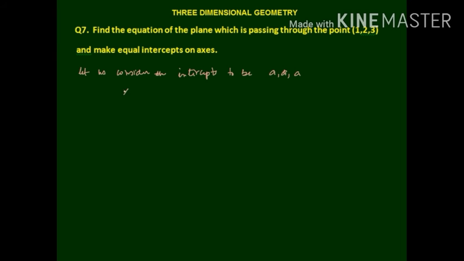So what is the equation of the plane? X by A plus Y by A plus Z by A is equal to 1. Now if you simplify, your whole plane will reduce to this form. Now according to the question, it passes through whom? Just see the question. It passes through point 1, 2, 3.